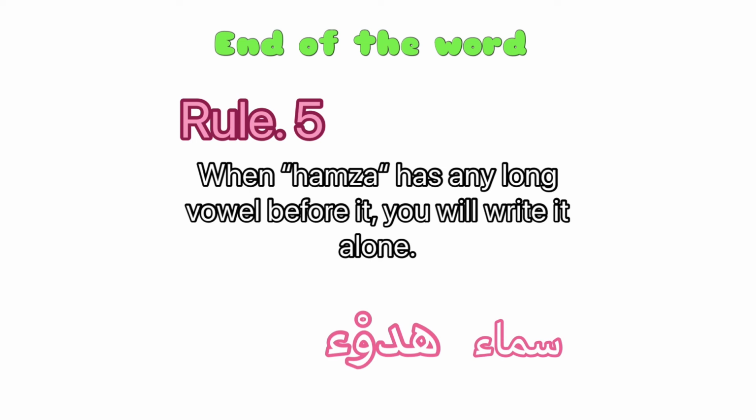As you may have realized, the waw is not acting as a carrier because the waw has a sukun on top of it, not a dhamma. If it were a dhamma, then the waw would act as a carrier, but for this word it is a sukun, so the hamza would be on its own. And bari means innocent; the hamza would be on its own since there is a long vowel before it. In general, if you see a sukun on a long vowel, then definitely the hamza is written alone.